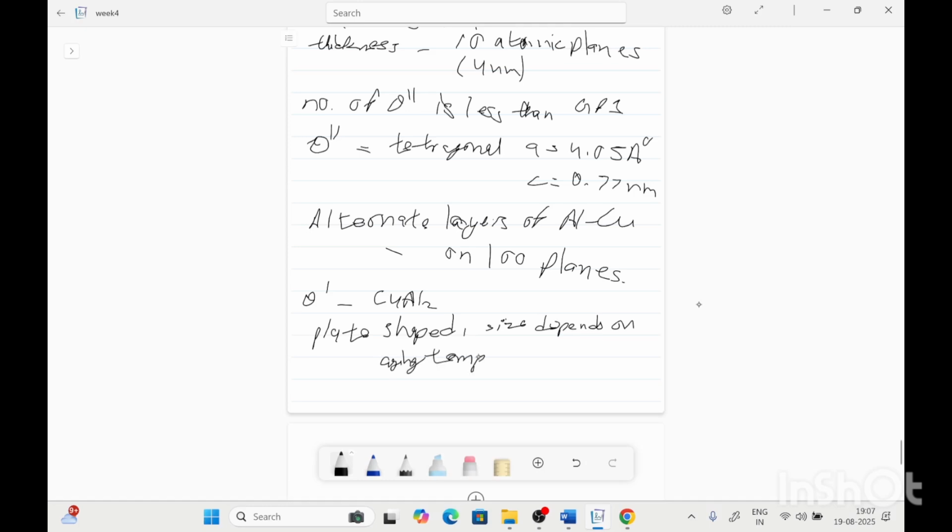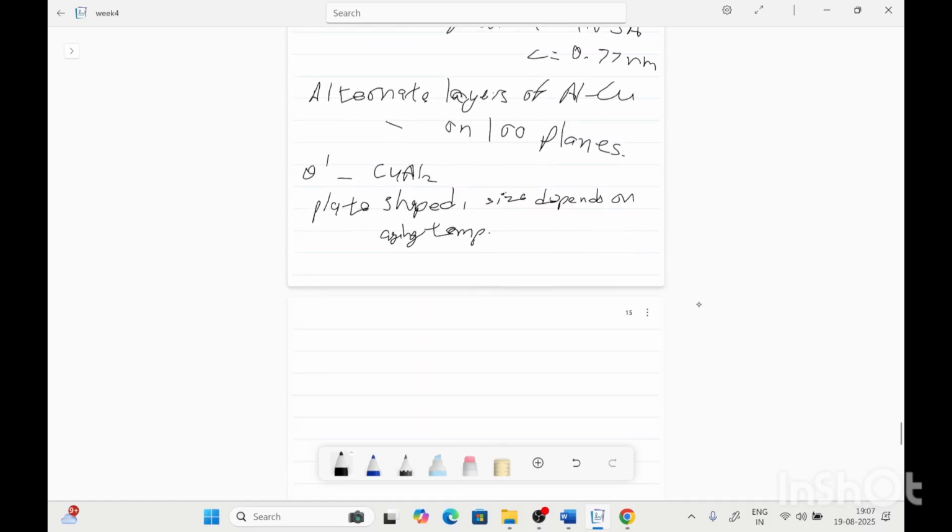If the aging temperature is high, the size of the theta prime will be very large, and if the aging temperature is low, the theta prime size will be very fine. It has a diameter of 10 to 600 nanometer and thickness of around 10 to 15 nanometer.